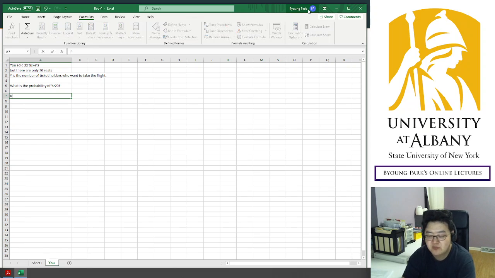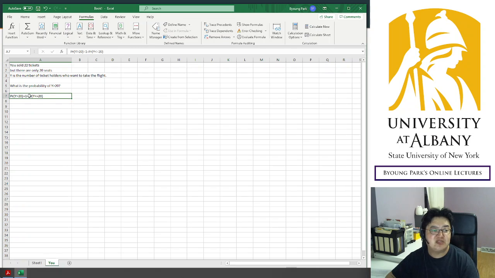First, the probability of y greater than 20 cannot be calculated directly. What I'm going to use here is less than or equal to 20. We are interested in the probability strictly greater than 20, but this is not convenient, so we would like to transform that probability into this form.